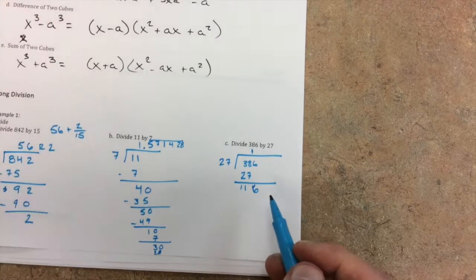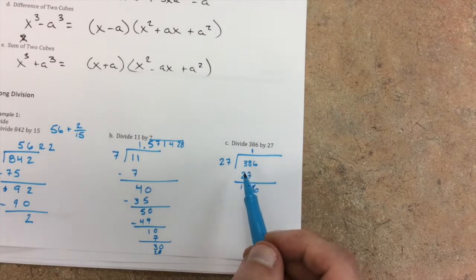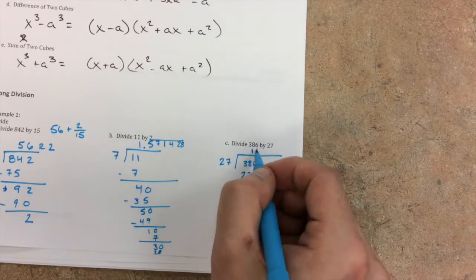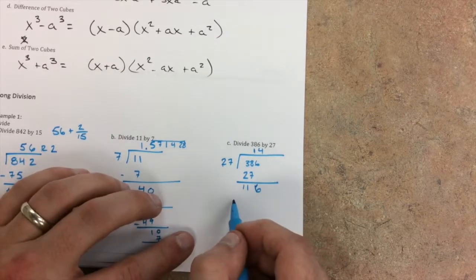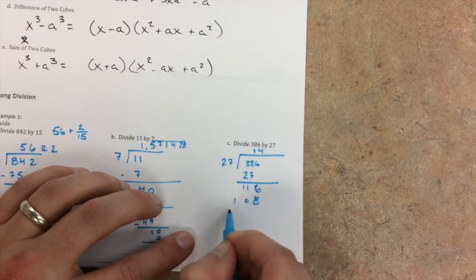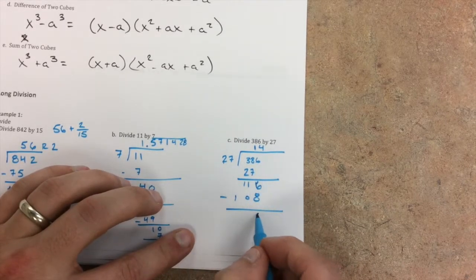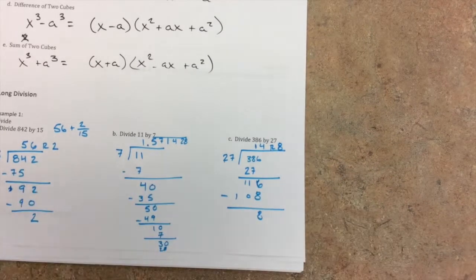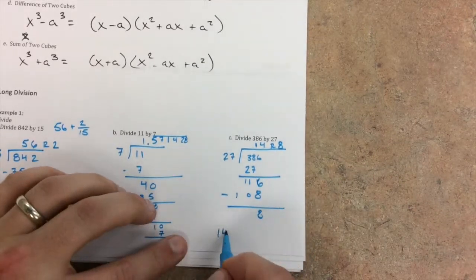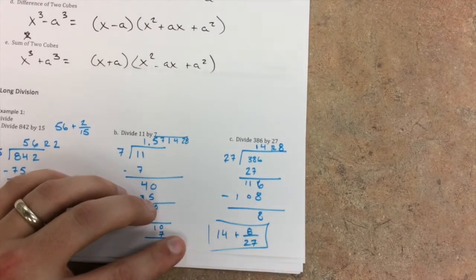So 27 goes into 116, I would say 4 times. So 4 times 20 is 80 plus 28, so that's 108. And we subtract, so 116 minus 108 is 8, which means our remainder is 8. So that's 14 plus 8 over 27ths, that's our mixed number as our answer.